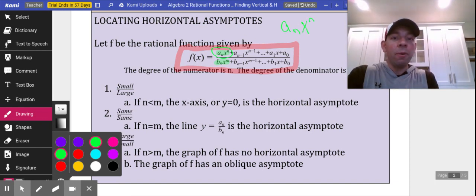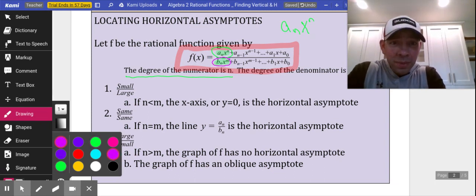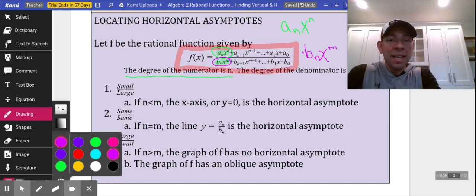That nth power tells me the degree of the numerator, so the degree of the numerator is n. Then if I look at their first term, b sub m is the coefficient times my variable raised to the m power. That m is the degree of the denominator.